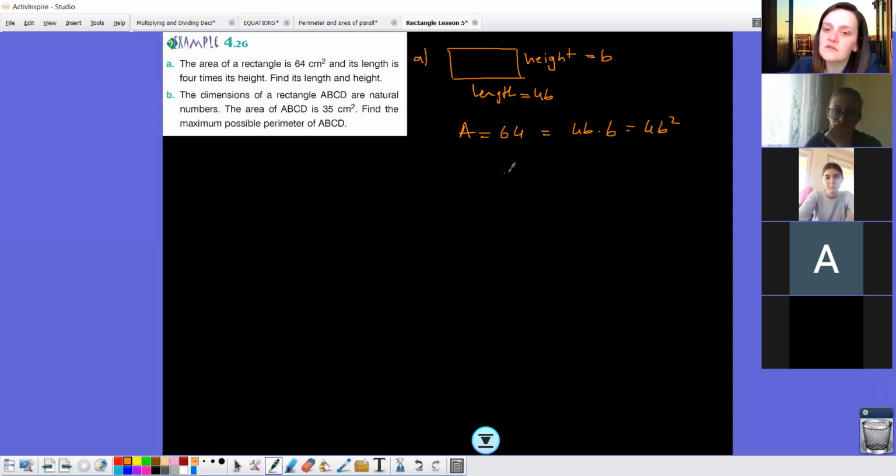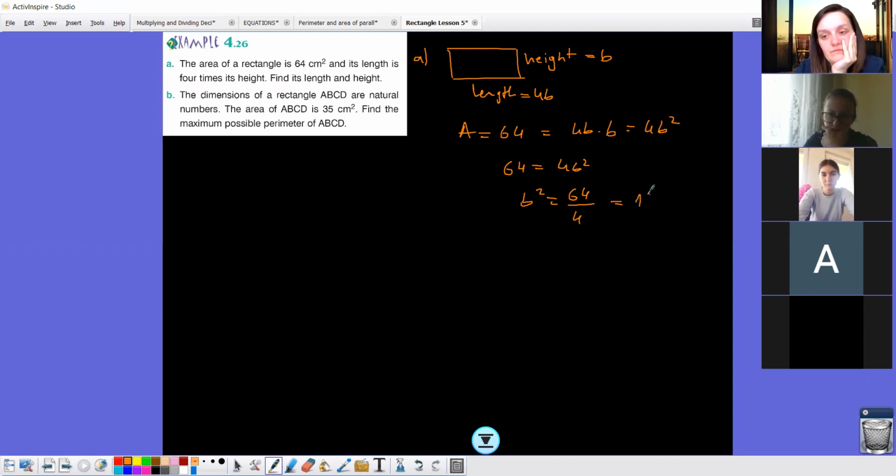Let me write one more time. 64 is equal to 4B squared. So what will be B squared? 64 over 4, which is 16. So B will be the root of 16, which is 4.